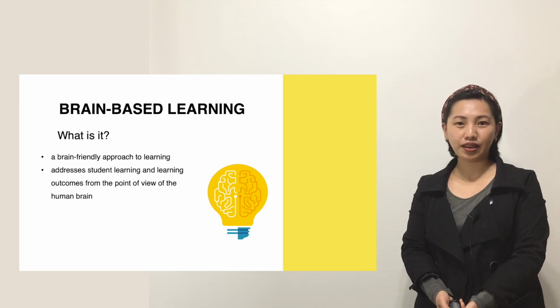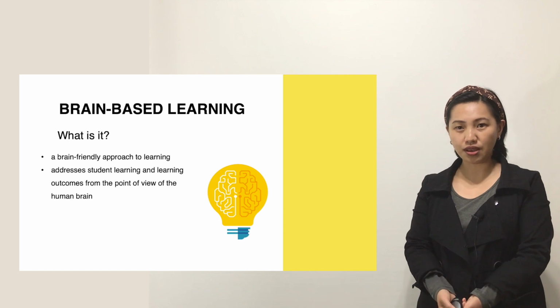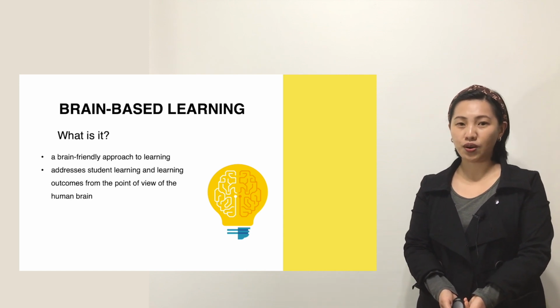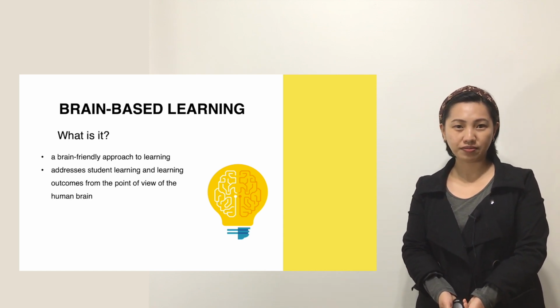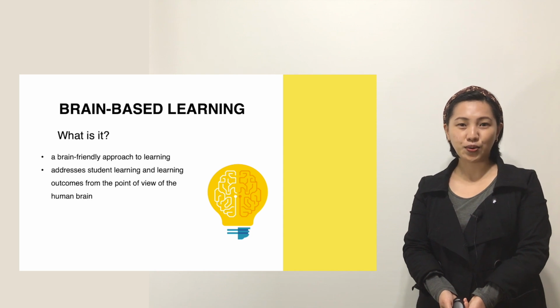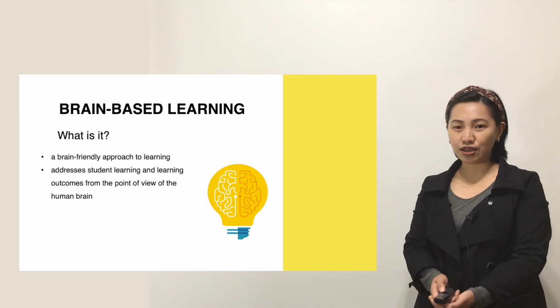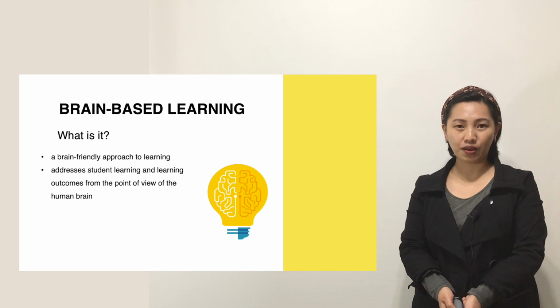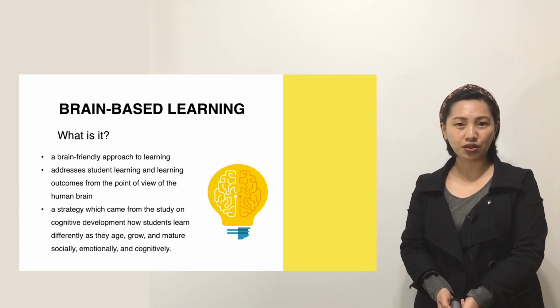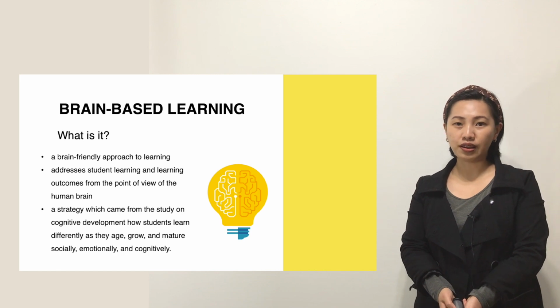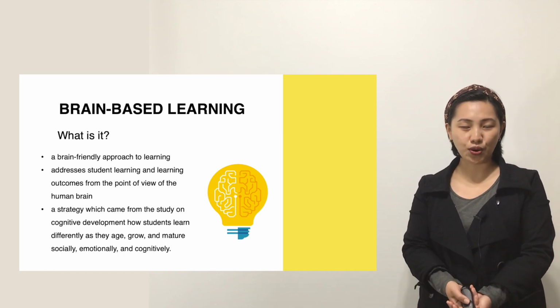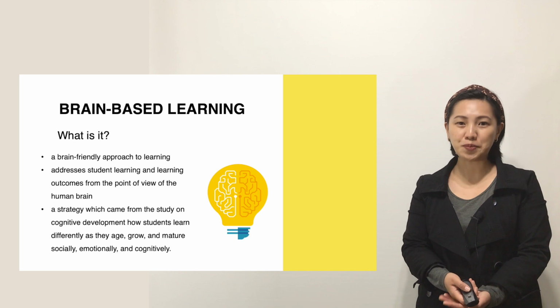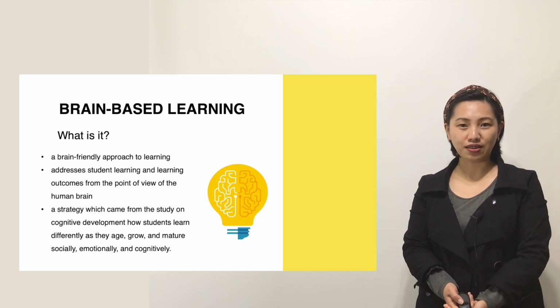Because it addresses student learning and learning outcomes from the point of view of the human brain, right? So student learning in connection to how the brain develops. And it also considers how students learn differently as they age, grow, and mature socially, emotionally, and cognitively.